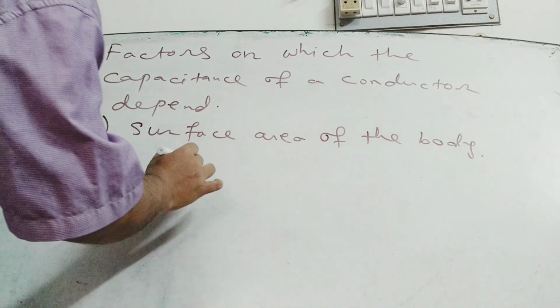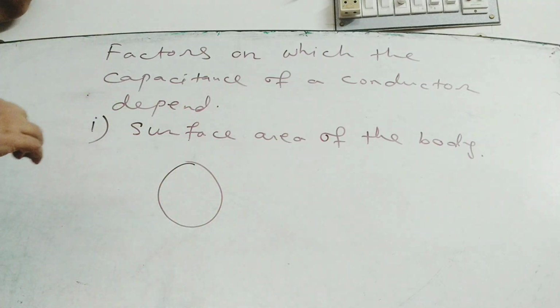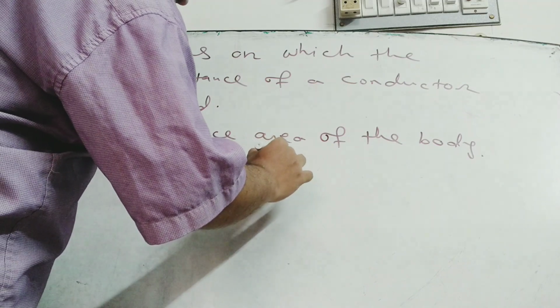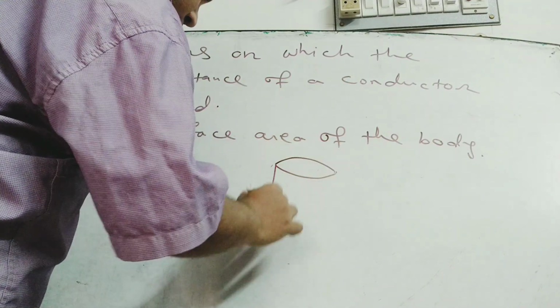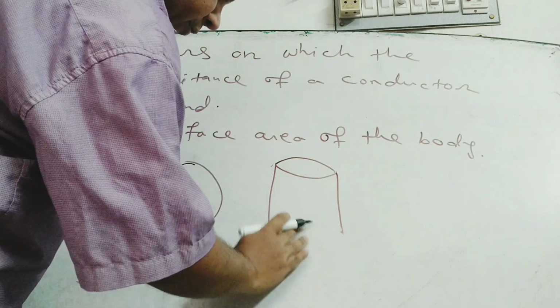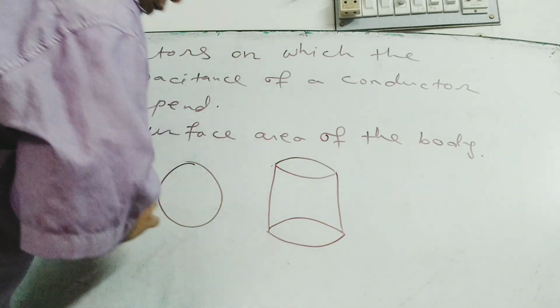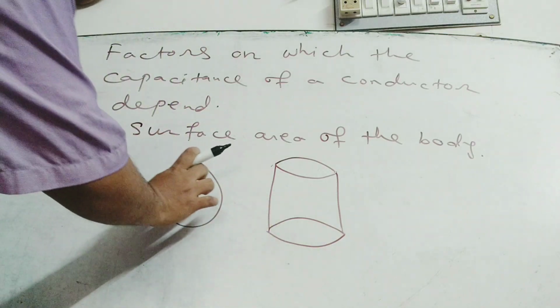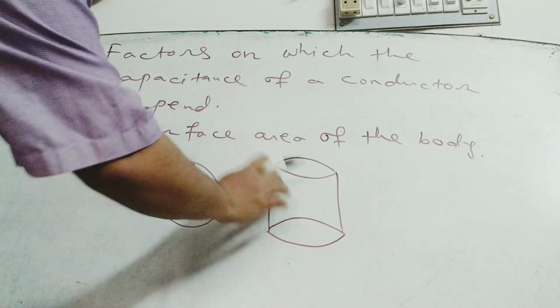That is, when we take different kinds of bodies having the same volume, let this be a sphere and this a cylinder having the same volume.